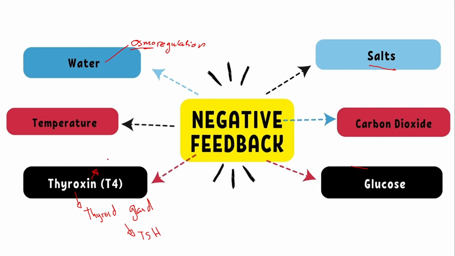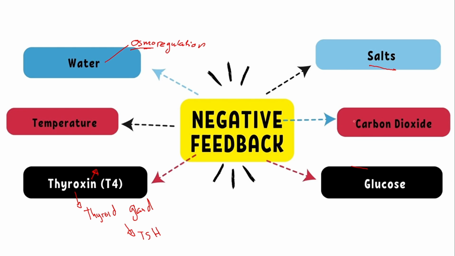Our whole body has metabolic functions, whether it's digestion, or your heart rate, how often and how fast your heart beats, or any other process. That's basically a metabolic process, and all of it needs thyroxine in order to function properly. So if you lack thyroxine, then it will interfere with those normal metabolic processes.